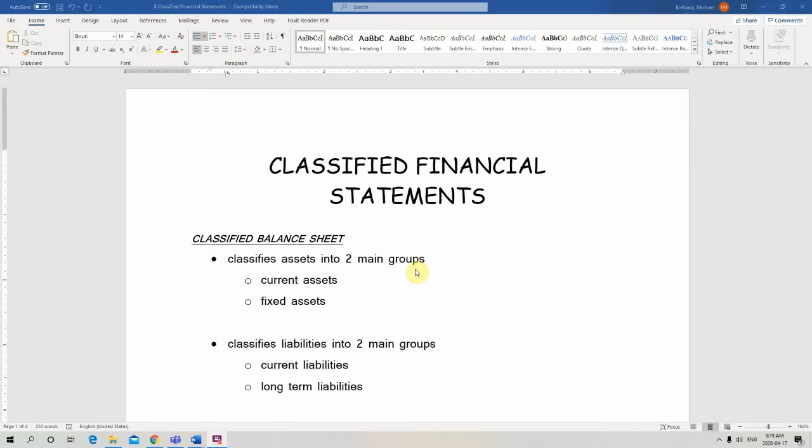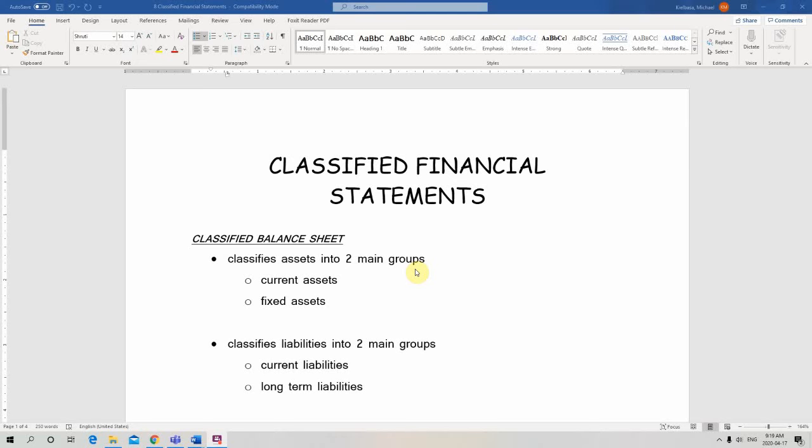So what a classified balance sheet is going to do is classify the assets into two groups: current assets, which are liquid assets, and the second group is fixed assets. And fixed assets are the ones we have been grouping according to useful life.